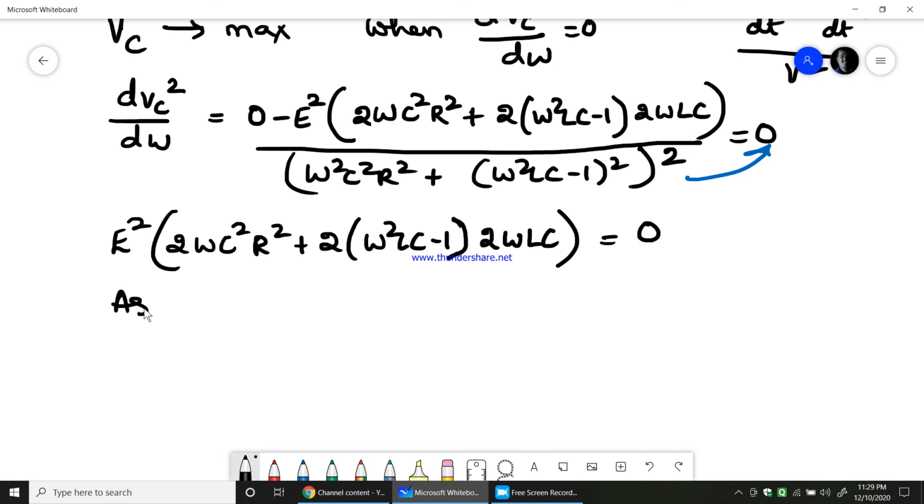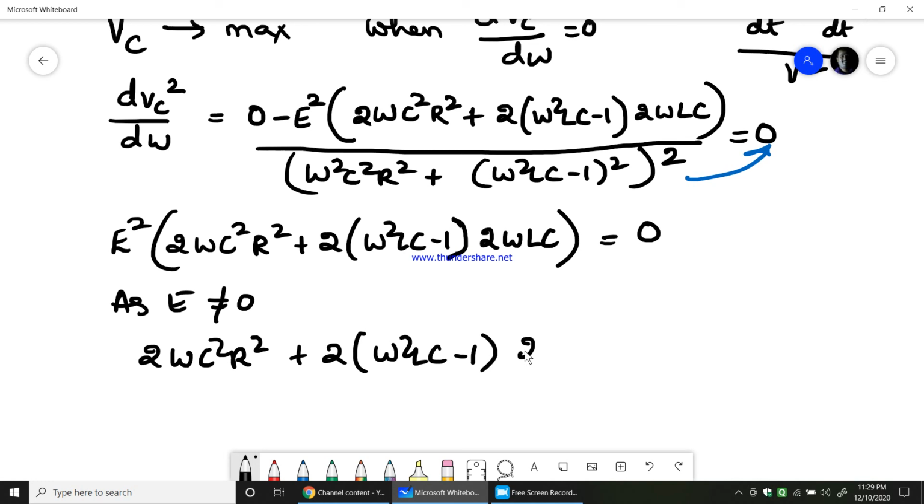As E is not equal to 0, therefore 2 omega c square R square plus 2 into (omega square LC minus 1) into 2 times omega LC equals 0. In this entire term, I can take 2 omega c common.